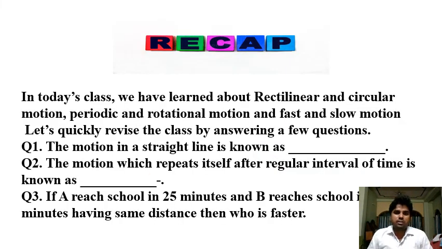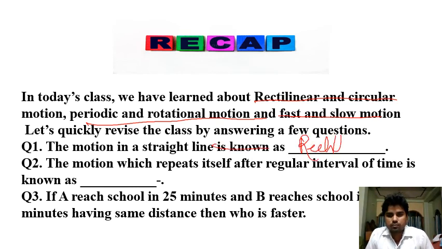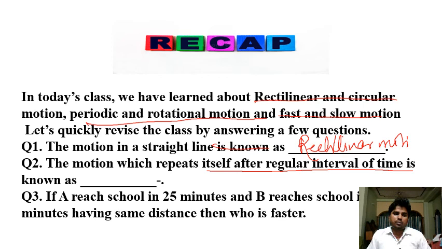So today we have discussed rectilinear and circular motion, periodic and rotational motion, fast and slow motion. Motion in a straight line is known as rectilinear motion. Motion which repeats itself after a regular interval of time is known as periodic motion.